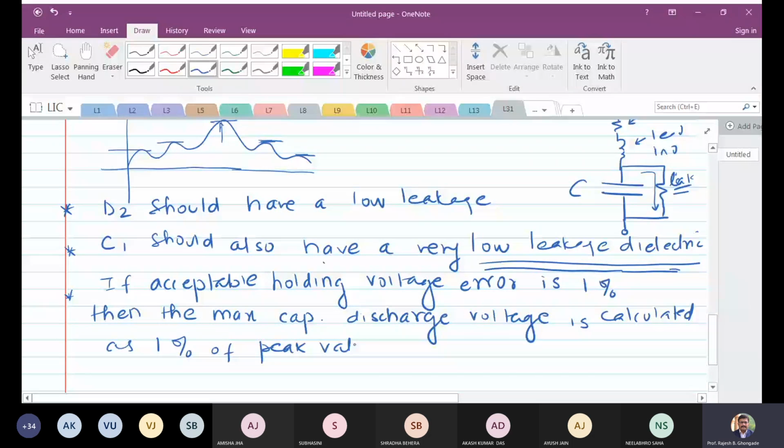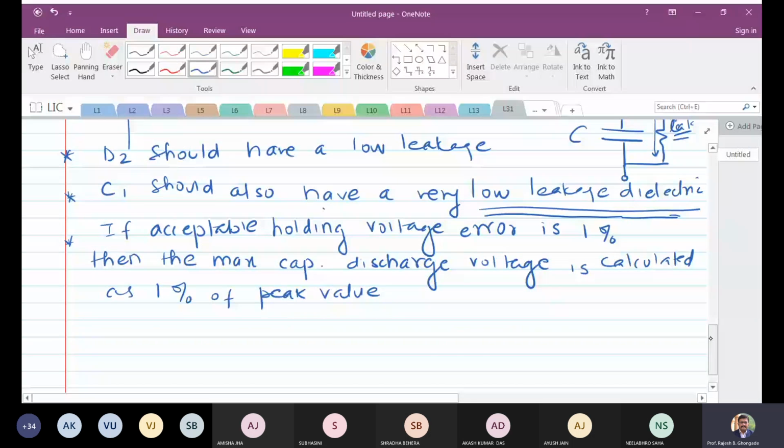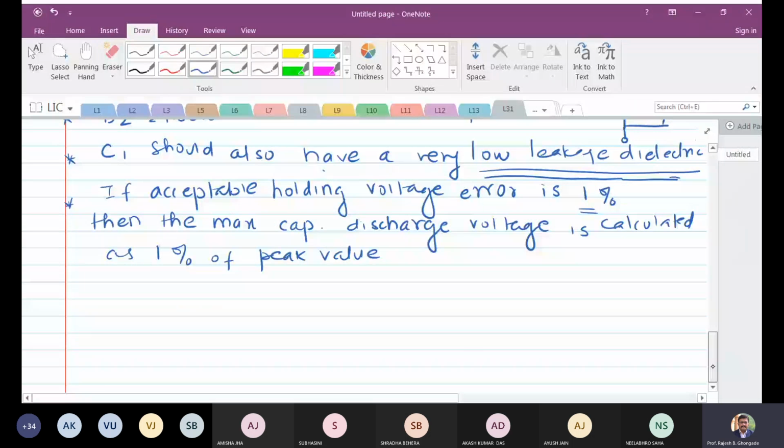It simply means that there will be error, so if you accept that the error is only 1%, then I can make sure that the discharge voltage is 1% of the peak input voltage.